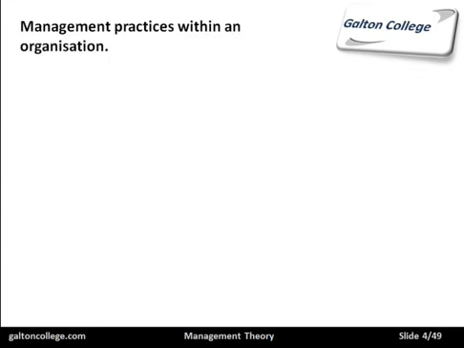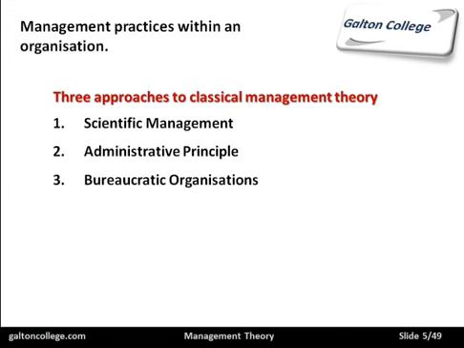So we will look at management practices within an organisation. And the three approaches to classical management are scientific management, the administrative principle, and bureaucratic organisations. So this classical view can be viewed with three components, three aspects to it.